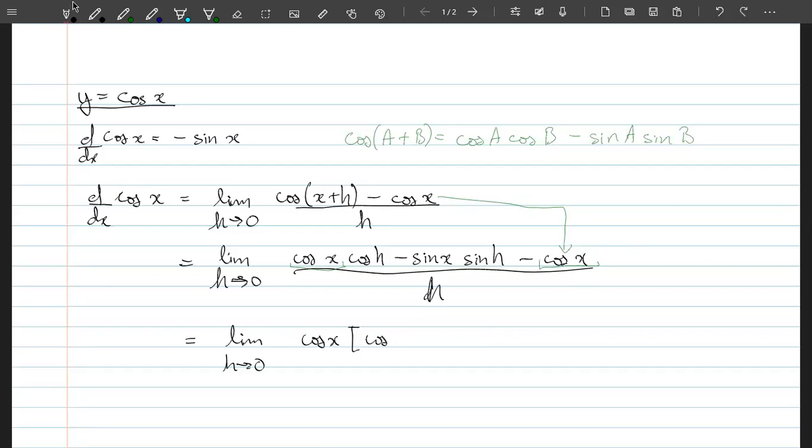Remember, this is not the hyperbolic cosine function. This is cos of h minus 1 because this cos x has been taken common. So that is minus 1. And I will separate the numerator into two parts and write the denominator for each. We have minus sin x times sin h divided by h.